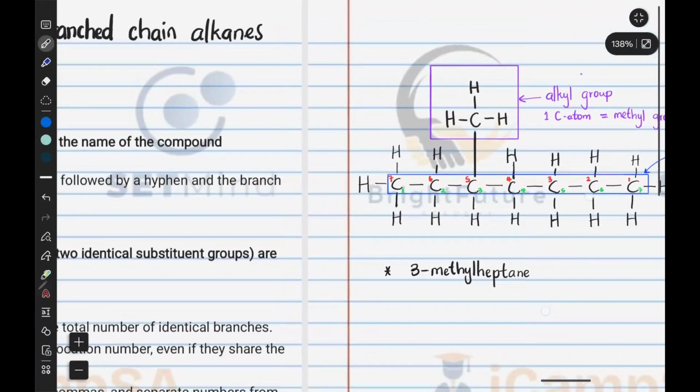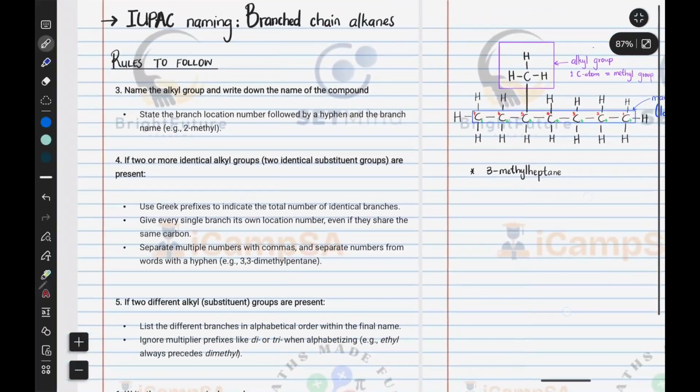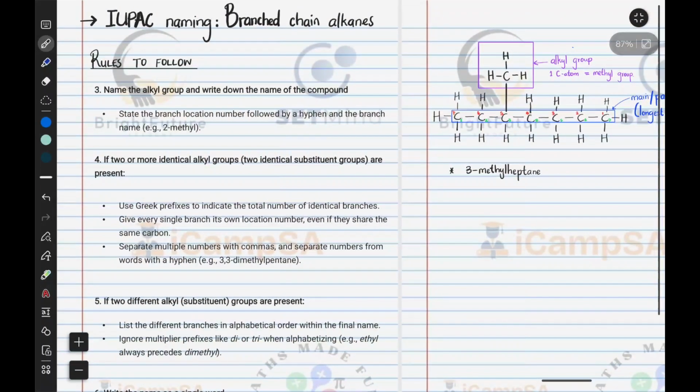That's how you would do it. Okay, so it's 3-methyl heptane. That's the name of this organic compound. So you don't separate the suffix, stem, and the prefix, because they are all letters, but you separate numbers to numbers and then numbers to letters.